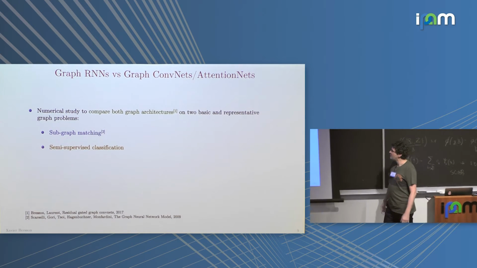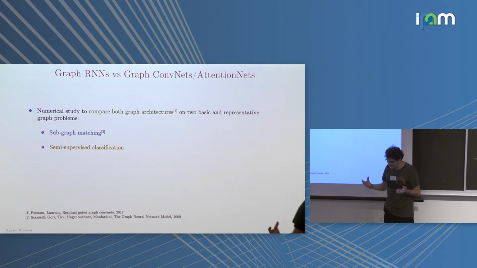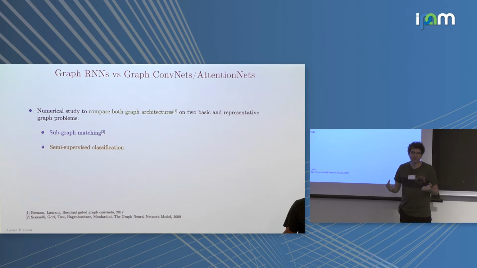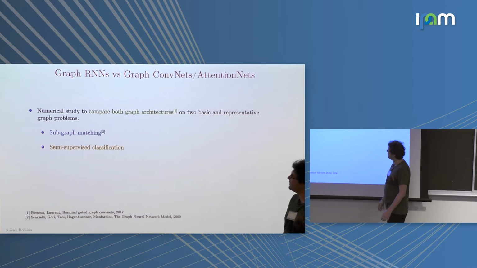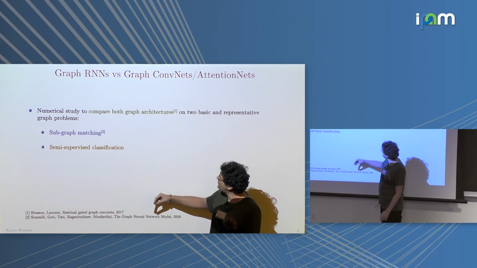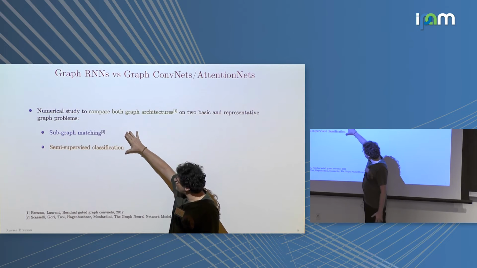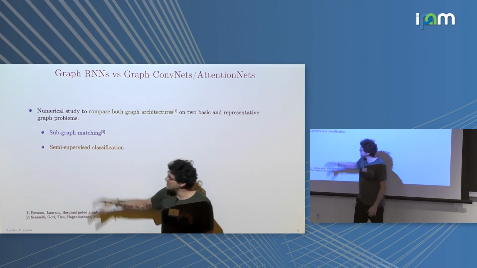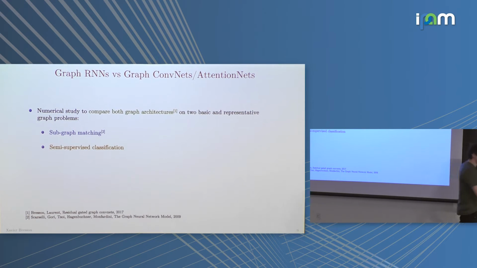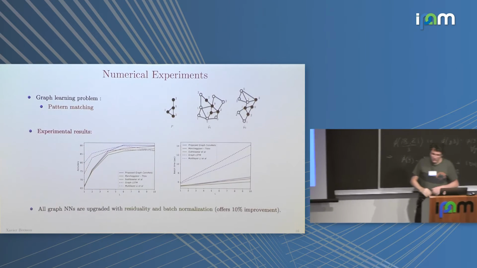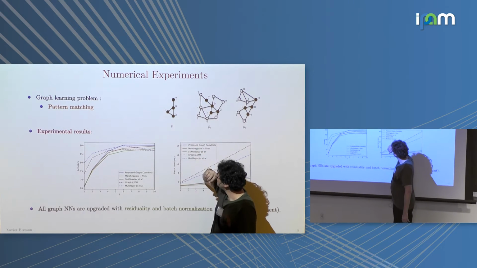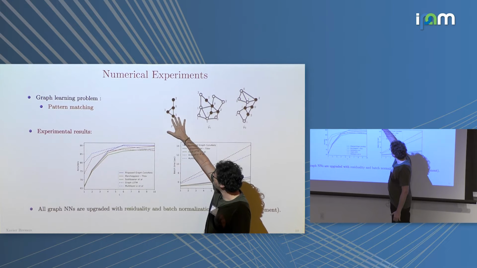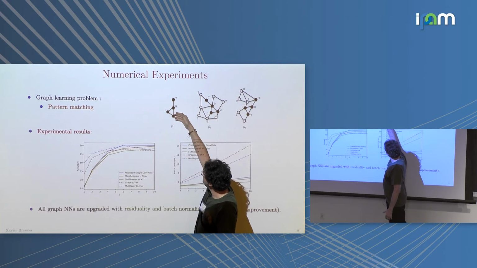The question is, which class of neural network is the most powerful one? So we try to compare different classes of neural networks on two small and controlled experiments, which are subgraph matching and semi-supervised classification. Very simple, but we control everything. In the first experiment, you have a small pattern, a small graph, with features on the vertices.